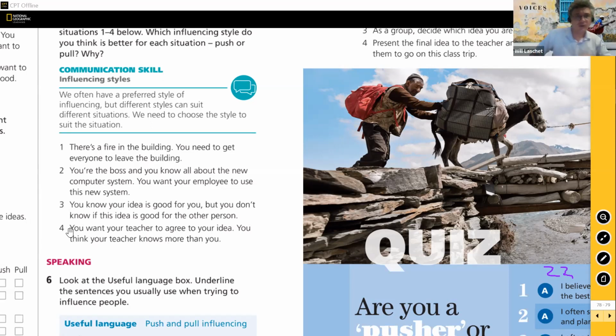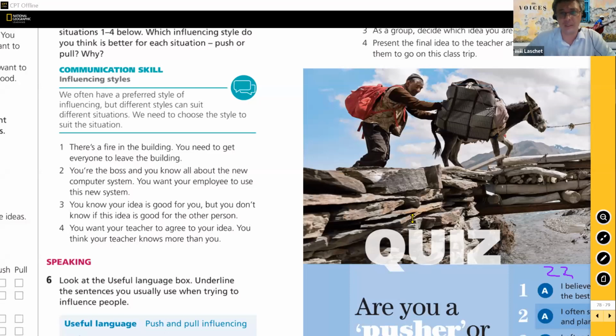Okay, have a look at number 4. You want your teacher to agree to your idea. You can change this to boss if you want. You want your boss to agree to your idea. Number 4, you think your boss or your teacher knows more than you. Okay. How about this situation? Is this push or pull? Okay, everyone's putting pull.